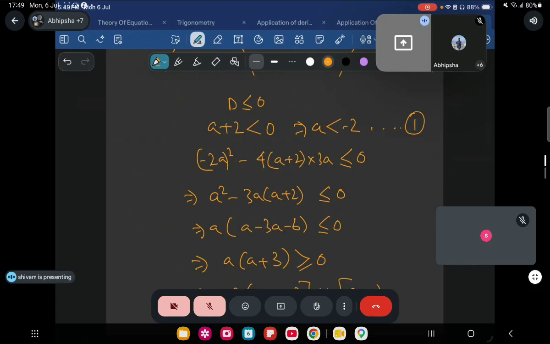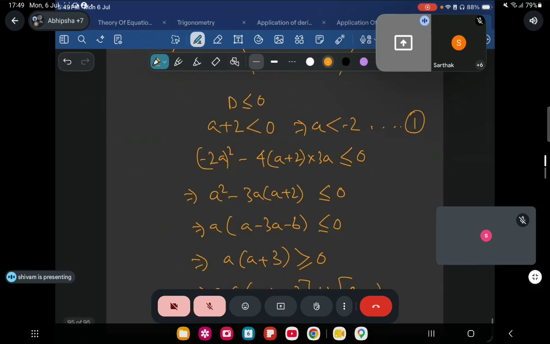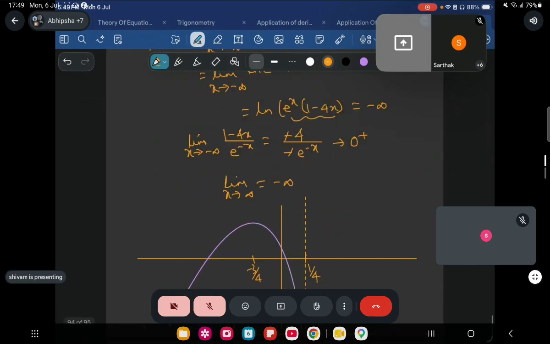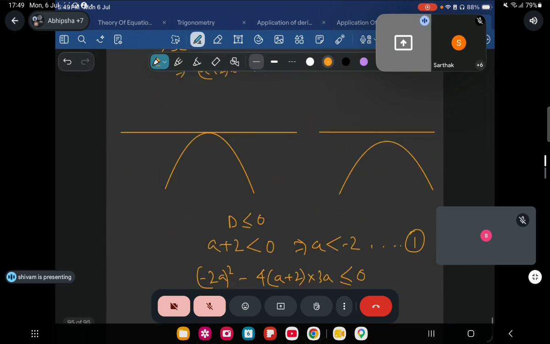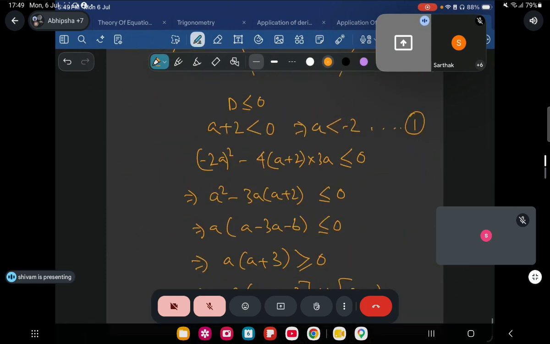Are you getting it? Yes or no? If you have any doubt, you ask me. Did you understand part 1? Okay. And for part 2, it should be monotonic or invertible. If the function is monotonic, either it should be decreasing or it should be increasing, right?